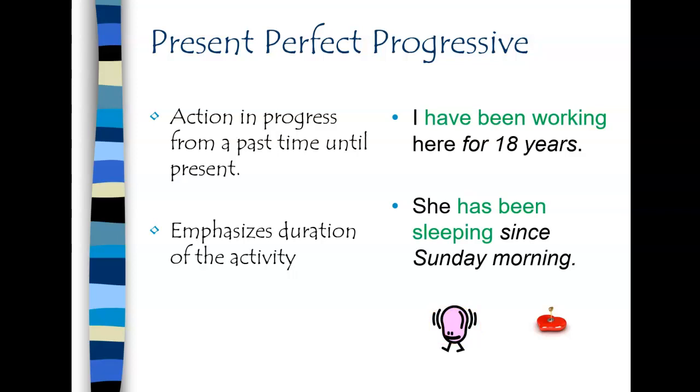So I cannot say I have been remembering. Or something that happens in your heart, like love, hate. These are not true actions as well, so I cannot use them in the progressive. McDonald's used to say, I'm loving it, and all the English teachers in the world would get angry and say, that's incorrect, because it's not a progressive verb.